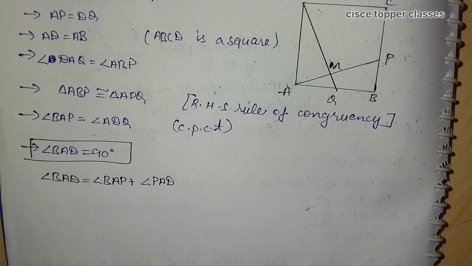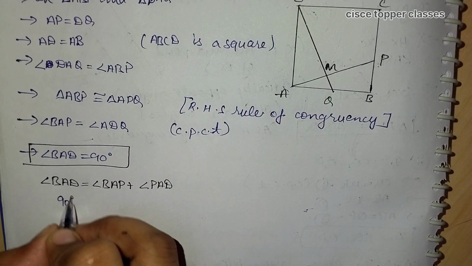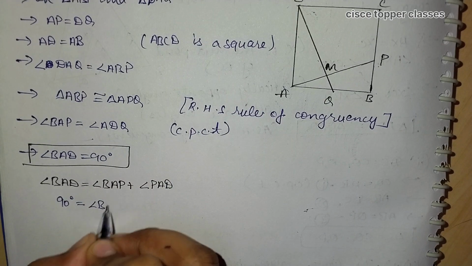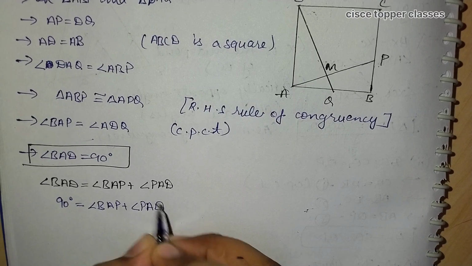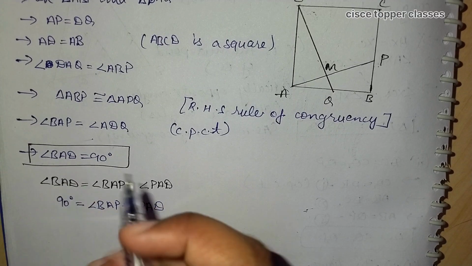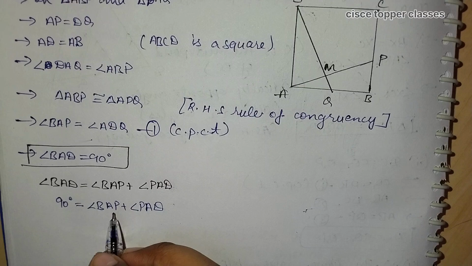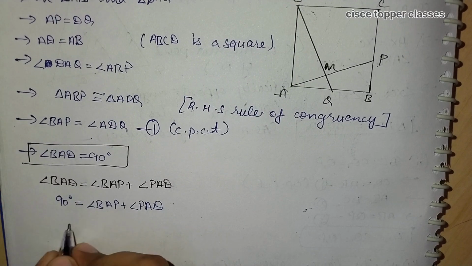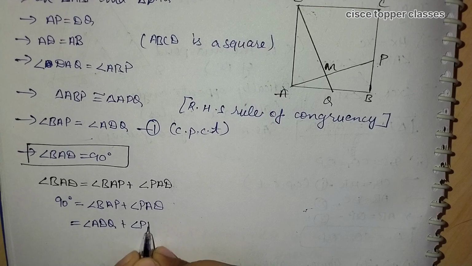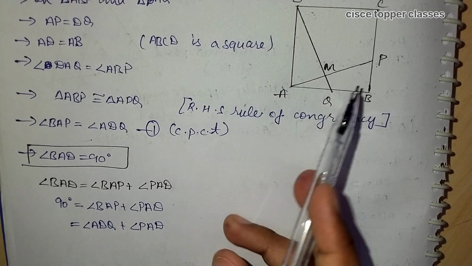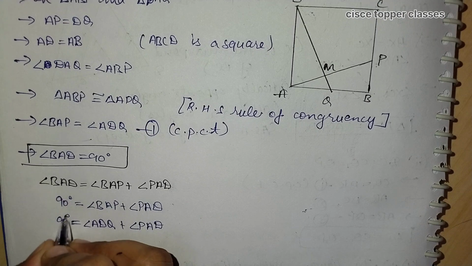So we put the value: 90 degrees is equal to angle BAP plus angle PAD. And as we have previously proved, BAP is equal to ADQ, so angle ADQ plus angle PAD is equal to 90 degrees.